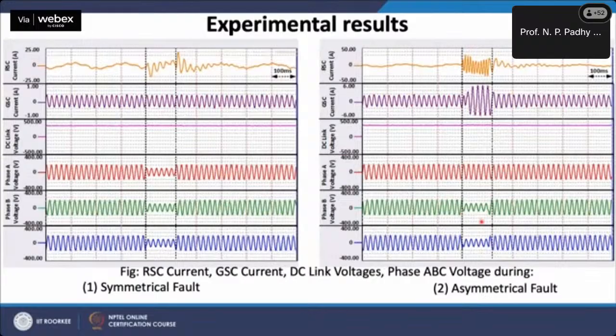There are even greater disturbances in the RSC and GSC current when subjected to asymmetrical fault, as seen in the figure. The reason for the DC link voltage surge is the limitation of the converter to cope with the high inrush current flowing through the rotor.